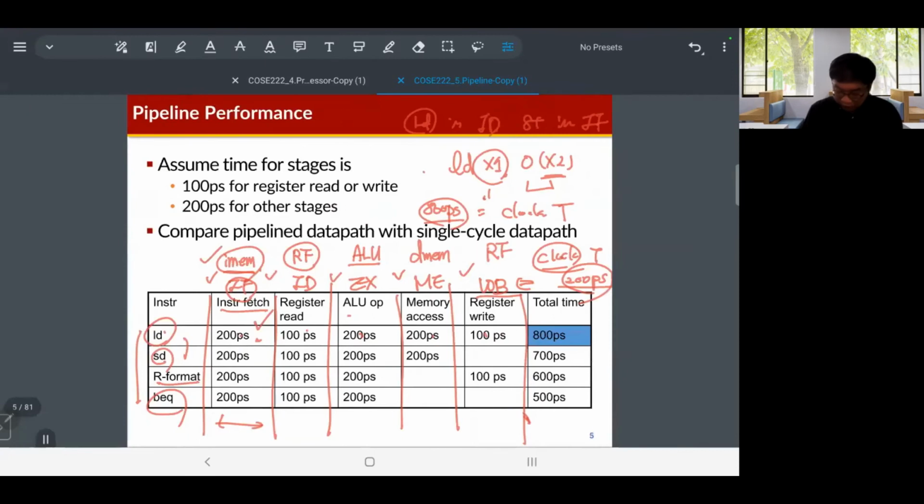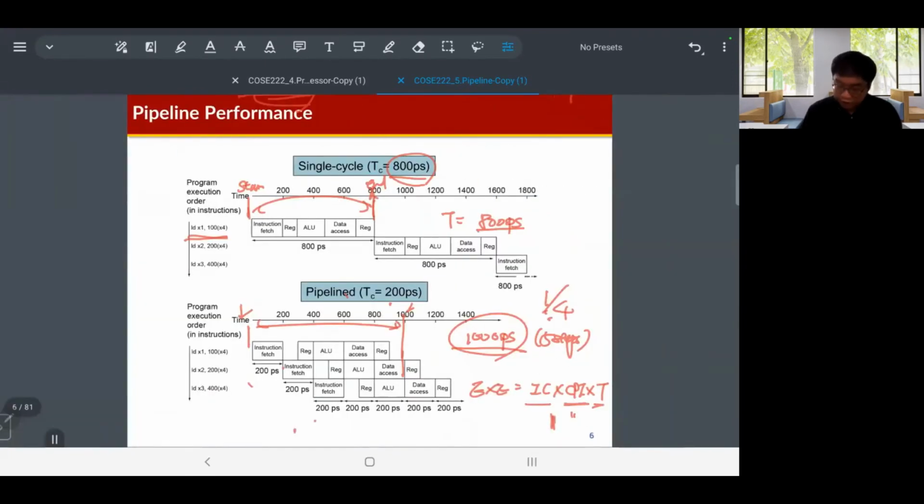If you see this timing diagram, and if you just focus on the time period from 400 picosecond to 600 picosecond, then we can observe that multiple instructions are running inside of this processor during this time period.